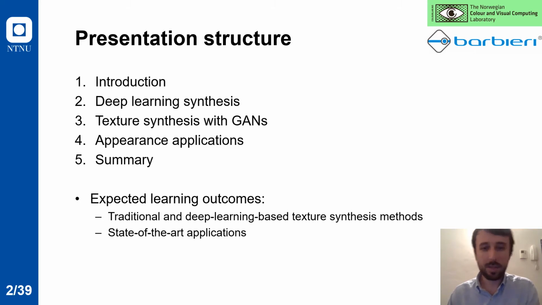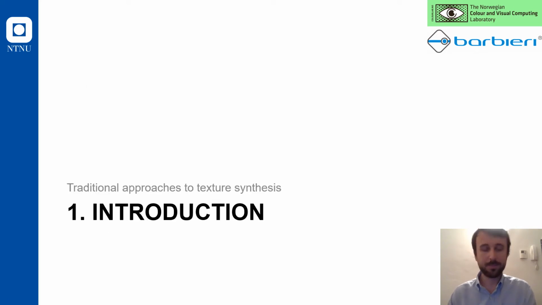The expected learning outcomes of this presentation are a basic knowledge of traditional and deep learning based texture synthesis methods, as well as an idea of the state-of-the-art applications of these methods. So let us start by defining what texture synthesis is.